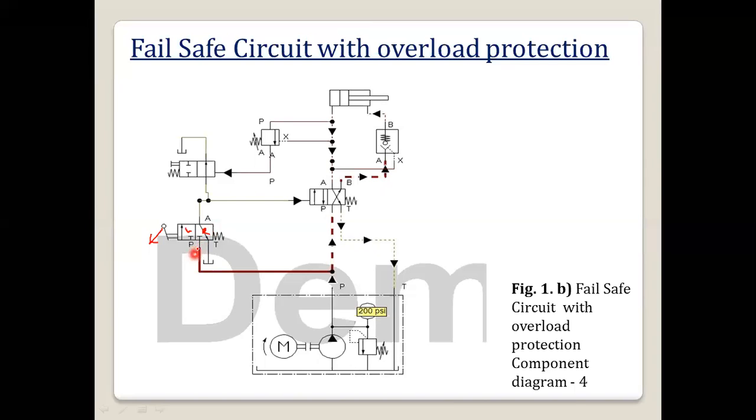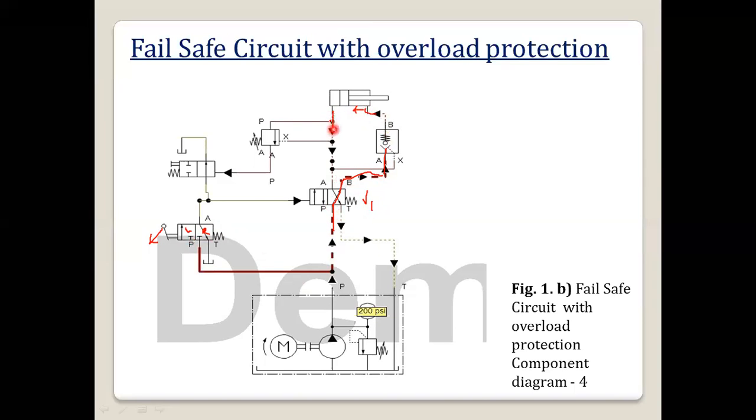So at that time there will be no oil flow to this 3x2 DC. So oil flow will be directly to this valve 1. Okay, so here the oil will be flowing to port P, then to port B. Then it will be going to this pilot operated check valve, and the piston will be retracting.